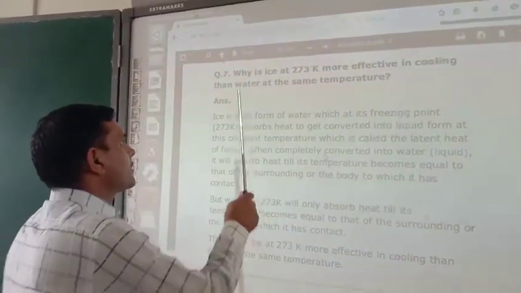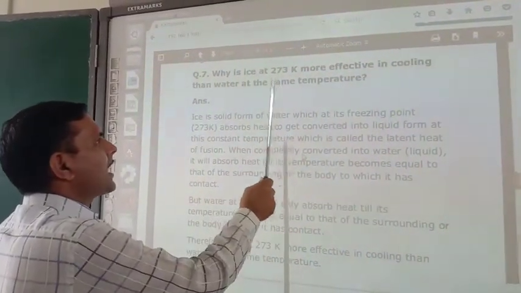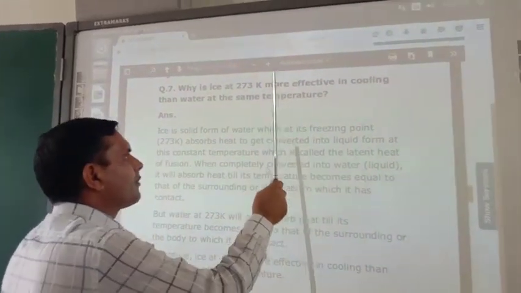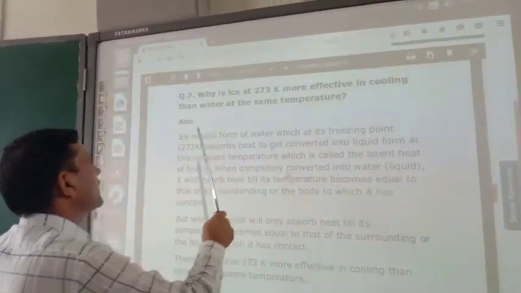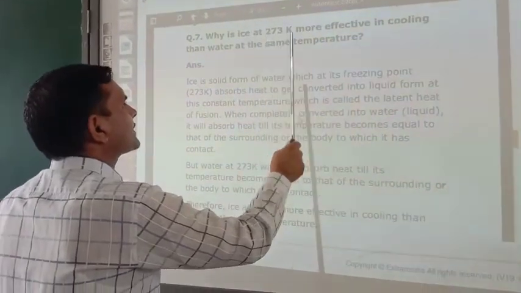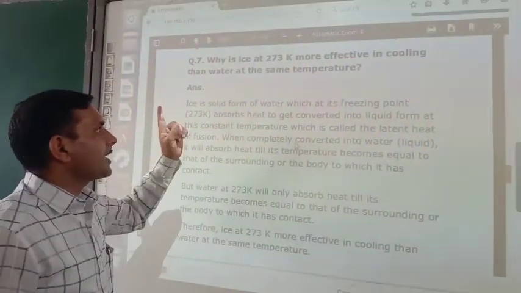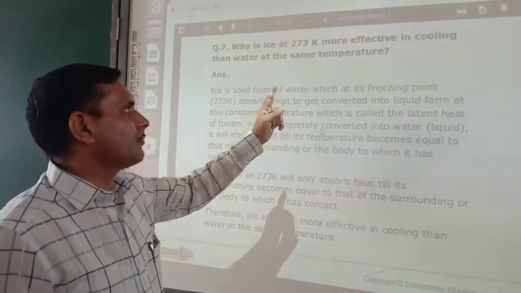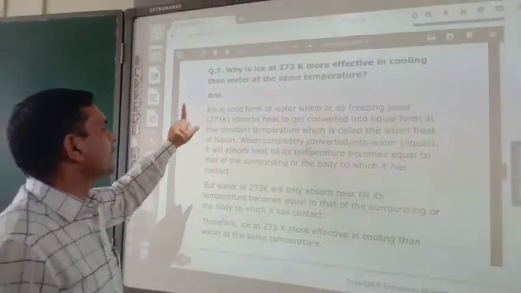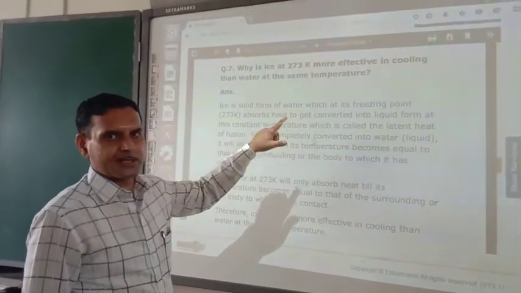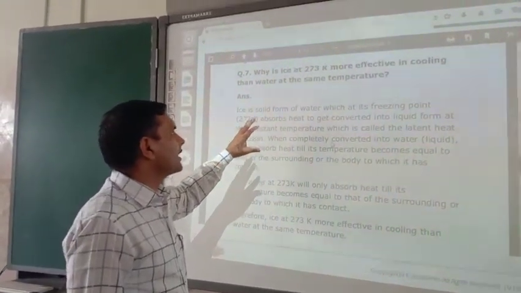Yes. Why is ice at 273 Kelvin more effective in cooling than water at the same temperature? Once again understand the question. Why is ice at 273 Kelvin more effective in cooling than water at the same temperature? It is a very easy answer.